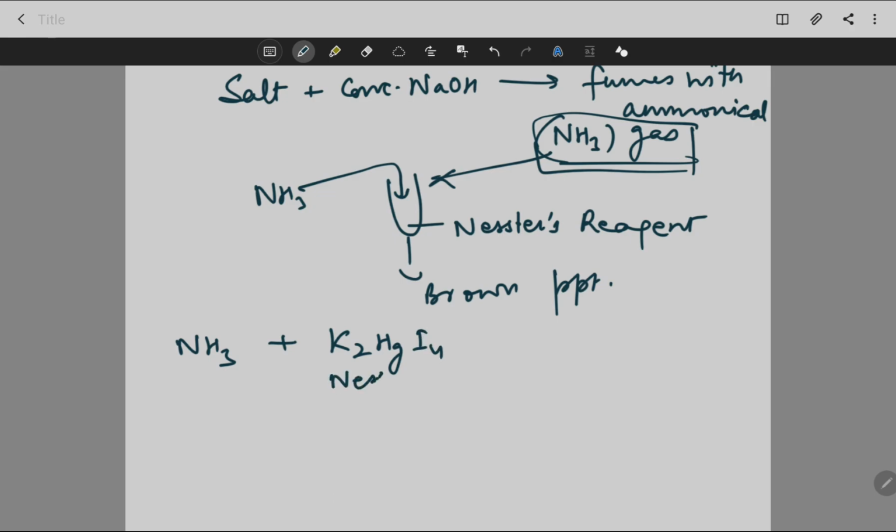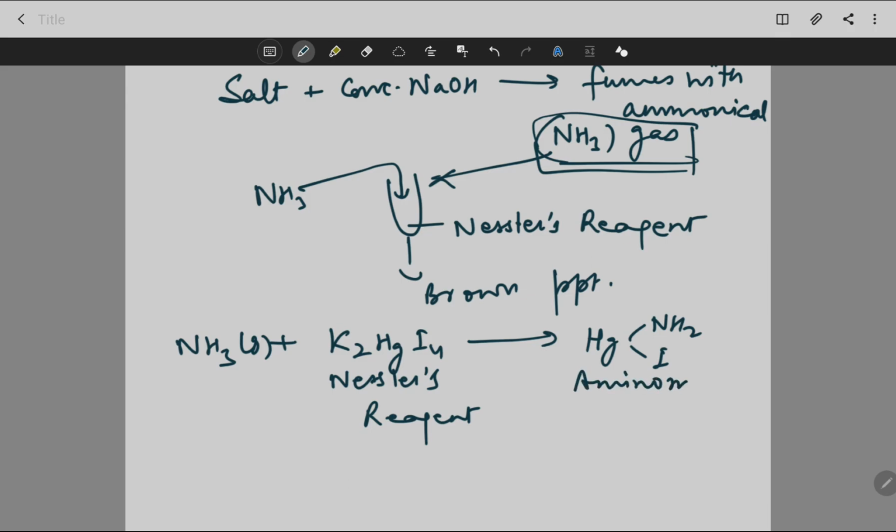So passing the fumes of ammonia through Nessler's reagent, we get a compound, HgNH2I. This is the compound aminomercuric iodide.